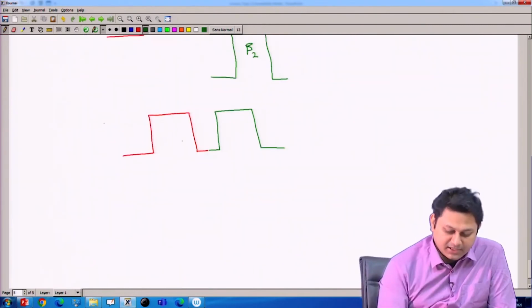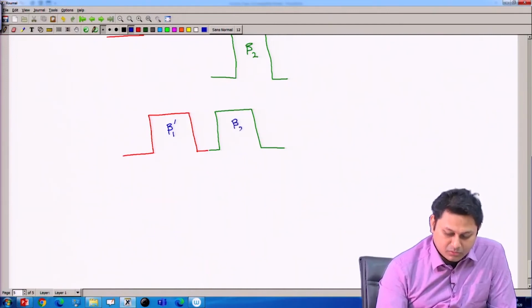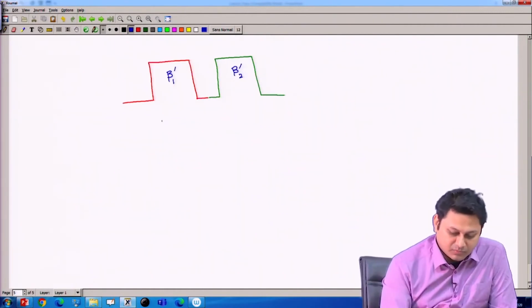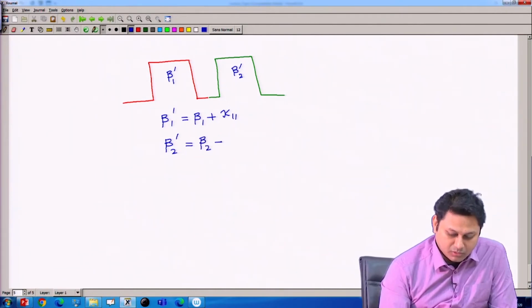So, if I have corrected terms, say beta 1 prime and beta 2 prime, then beta 1 prime should be beta 1 plus some correction, and this correction say kappa 1 1, and beta 2 prime should be beta 2 plus some correction say kappa 2 2.